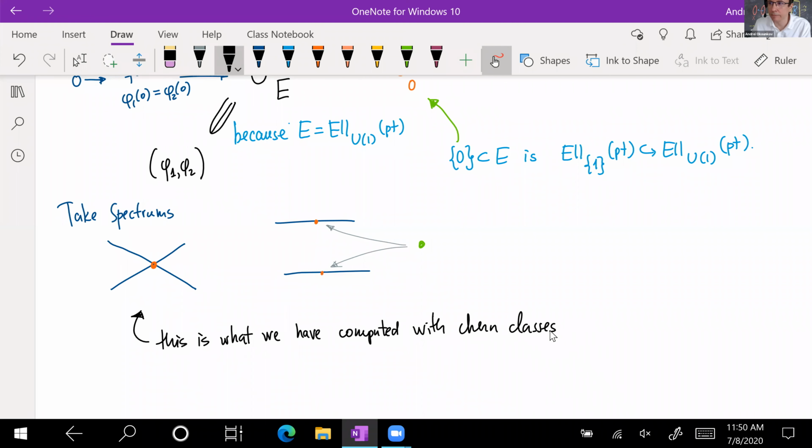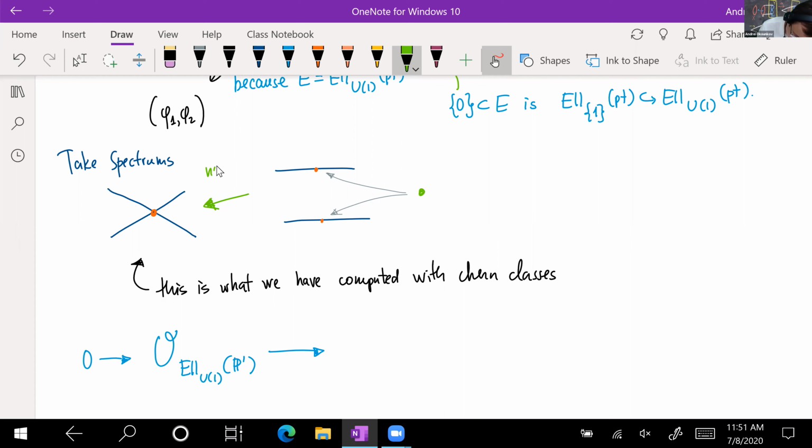What the exact sequence we got is we took functions, or I'll just write functions O of elliptic curves, on the union of two elliptic curves at a point. Then this map here is the normalization.